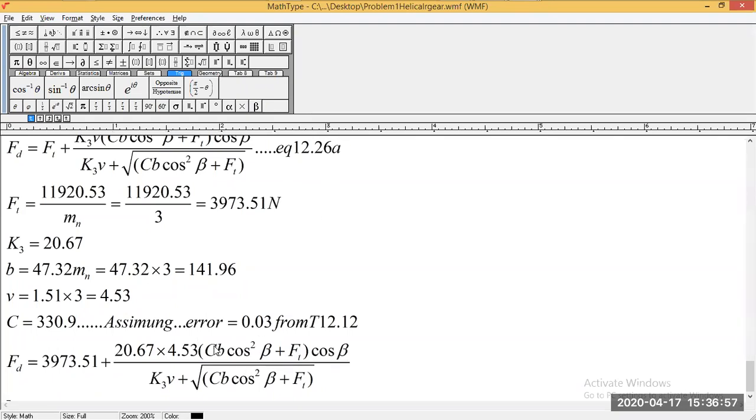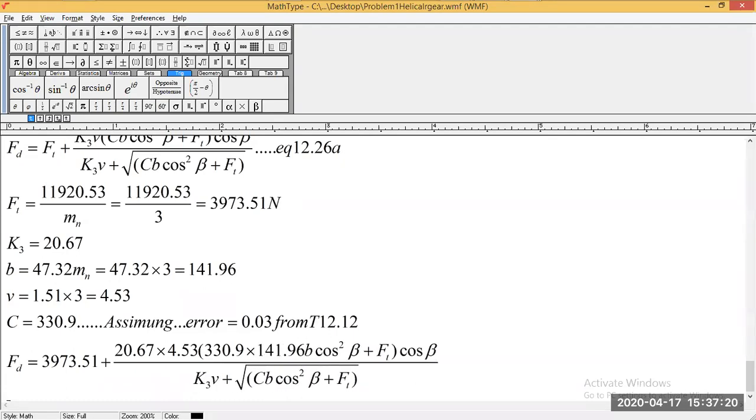So C is 330.9. Don't worry about the exact values. You can assume. We see the procedure. Very few marks are for the final answer. The number, let it be believable. That's quite enough.